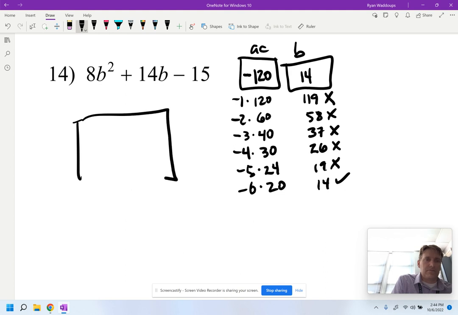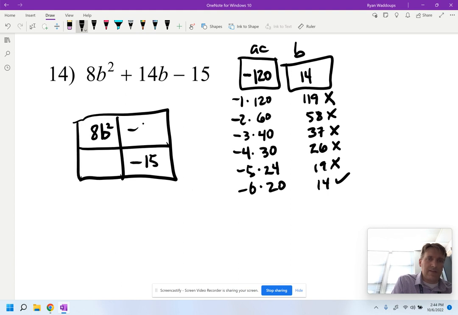So again, we go to the box. 8b squared, minus 15, and then for the other two boxes I put negative 6b plus 20b, and then I factor out the greatest common factor for each row and each column. Here that'd be 2b, and down here it would be 5.